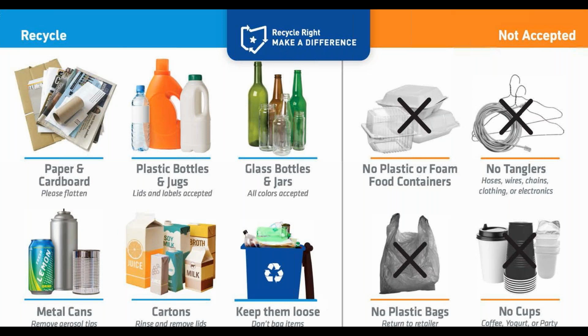That said, these are not the only materials that can be diverted. You may generate different materials that can be diverted through source reduction, reuse, or through a specialty collection program or service. This could include items such as food waste, textiles, furniture, and electronics, which are not materials that you would put in your traditional recycling container at work or at home.